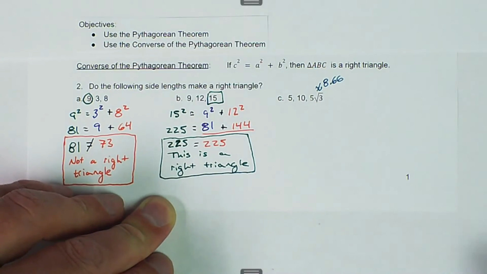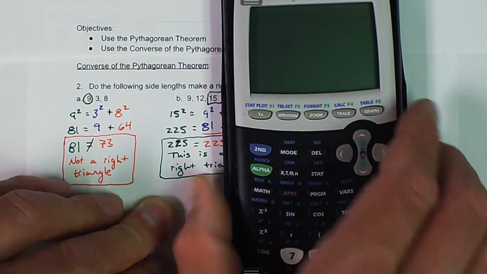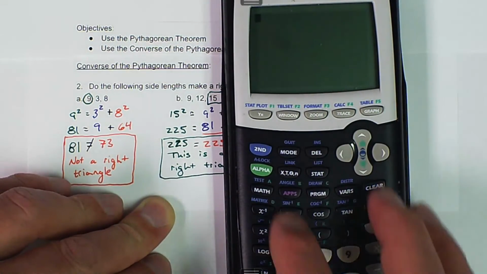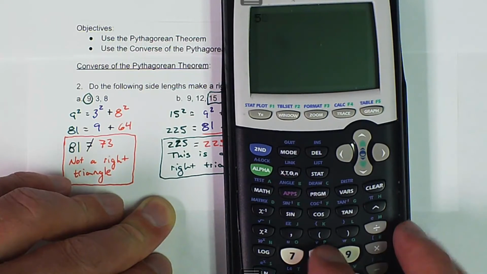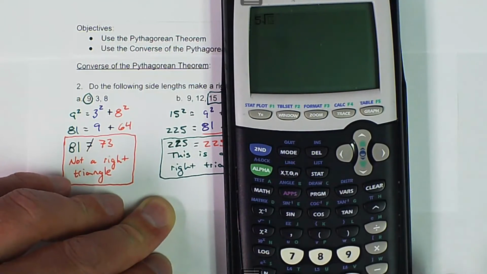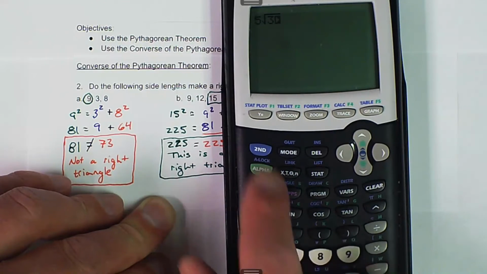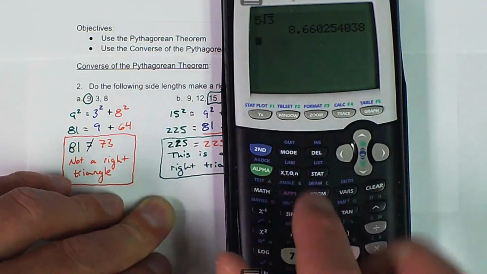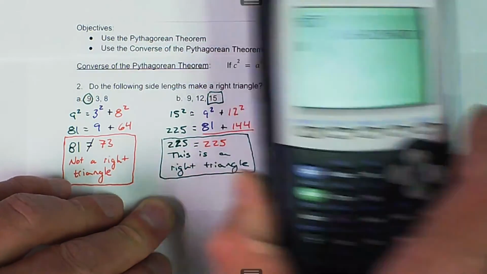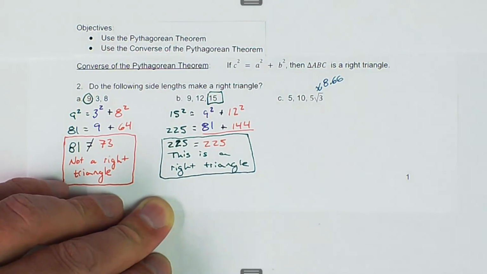The way that we do that in our calculator is we say the value was 5 multiplied by the square root of 3. So we hit the second button, the square root, 3, and we get about 8.66, and then the decimal keeps going. So which one is the hypotenuse?